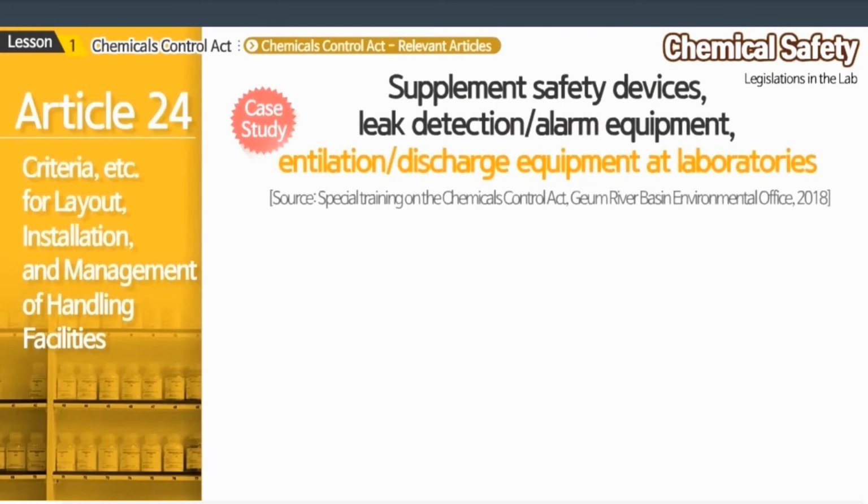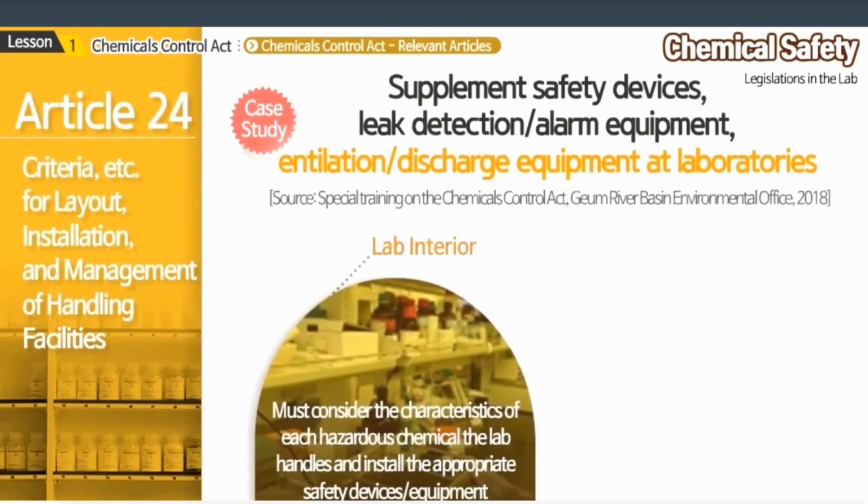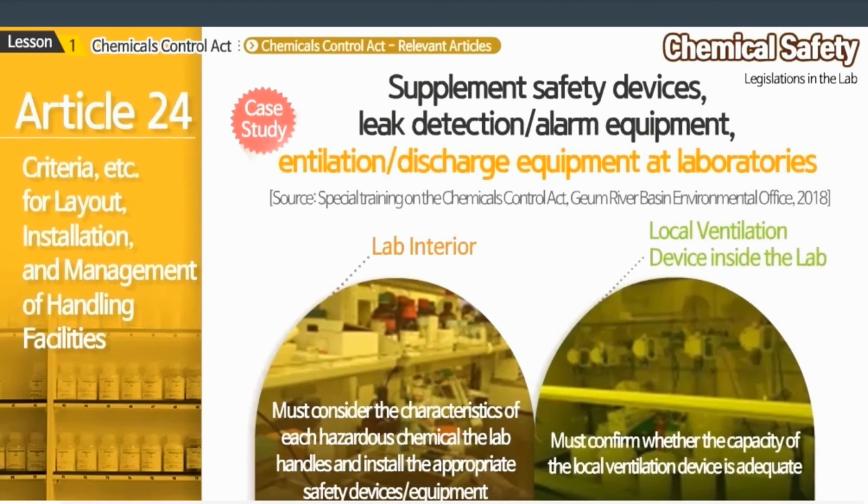Next are case studies of labs that require improvements to their safety devices, leak detection and alarm equipment, ventilation and discharge equipment. In particular, one lab required the safety equipment to prepare against the toxicity, combustibility, and inflammability of the chemical, while another lab required confirmation on whether the capacity of its local ventilation device was adequate or not.